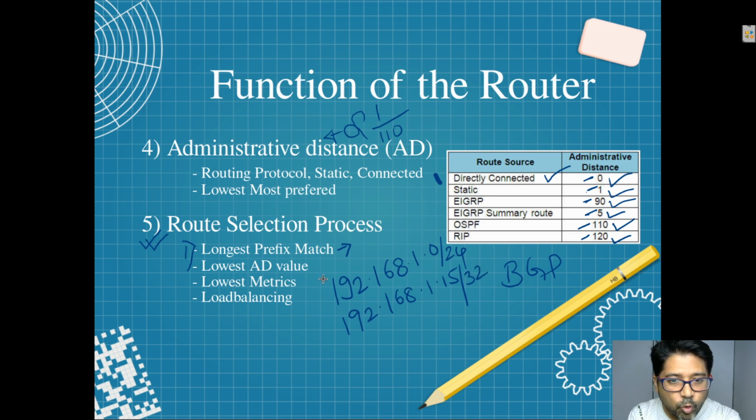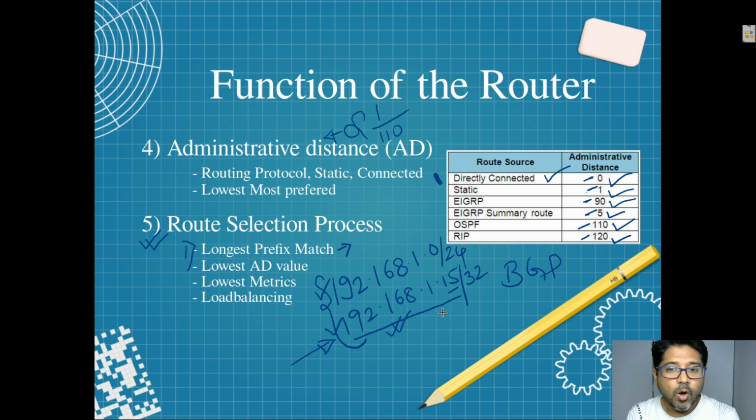So which one is going to be more preferred here? This is the longest prefix match. If my destination is 15 and we have two prefixes, we are going to prefer the longest prefix match. So this is going to be installed in the routing table.